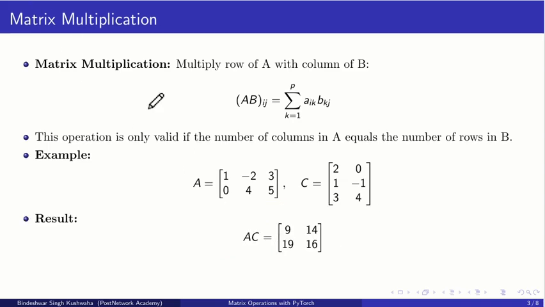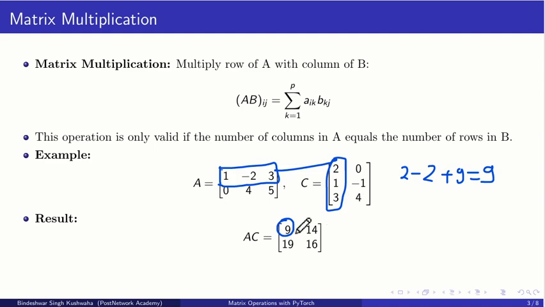A into C, the first element, would be 9. How has it come? You multiply this row by this column and you get this element. You can see 2 into 1 is 2, minus 2, and 3 into 3 is 9. That would be 9. So here 9, and then this row you multiply by this column.